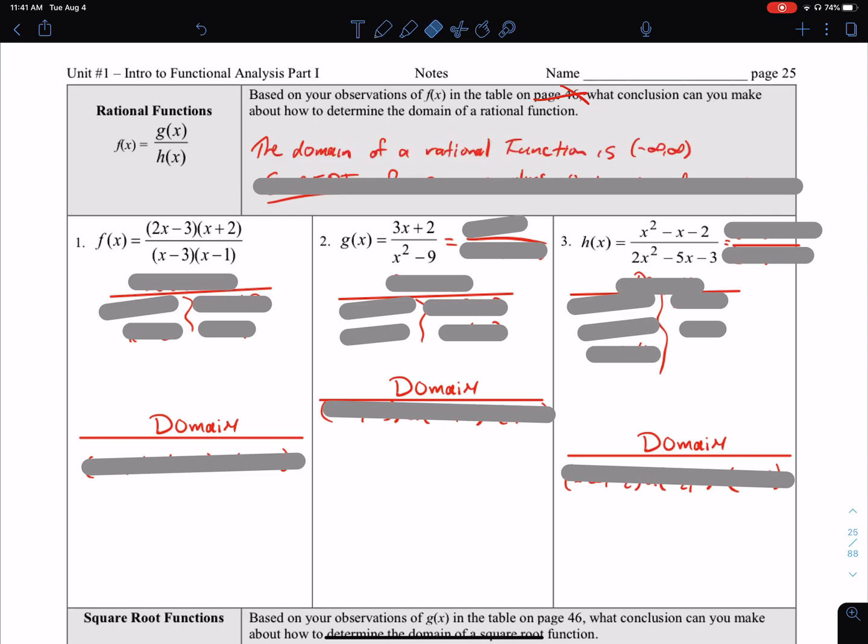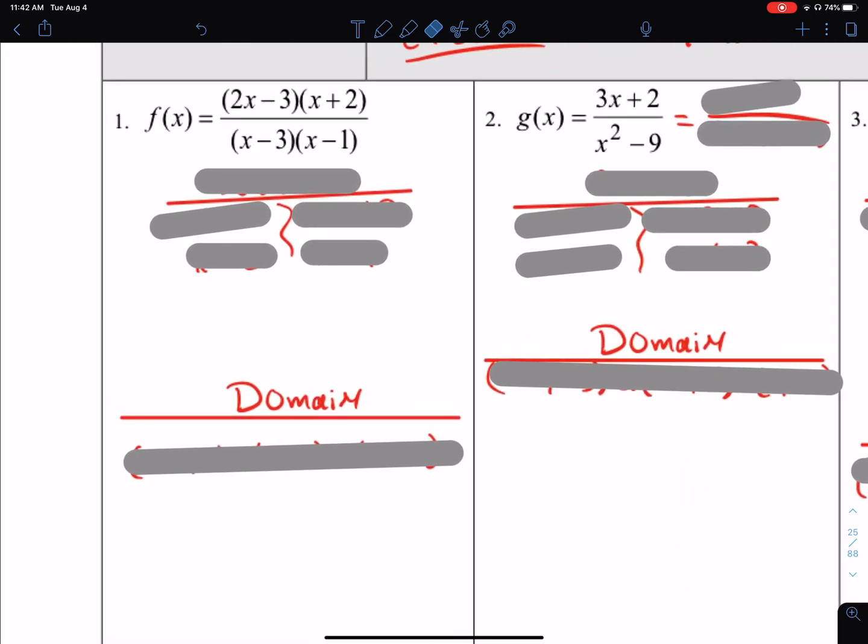The domain of a rational function is all real numbers, except for any x values that make the denominator equal to 0. So assume the domain's all real numbers, except any numbers you could put in that make it equal to 0.